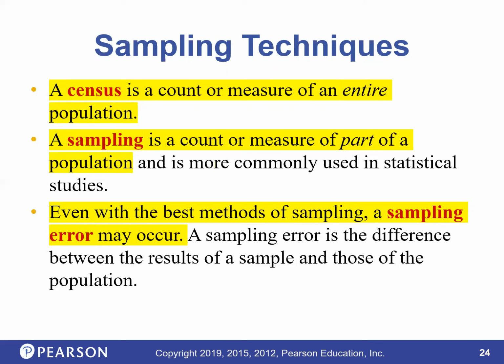Those things are totally different from each other. If you can get data for the whole entire population, that's one thing. If you get data for a sample of a population, that's totally another. If you're going to get data for the whole entire population, we call it a census.